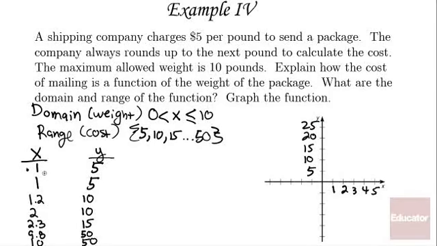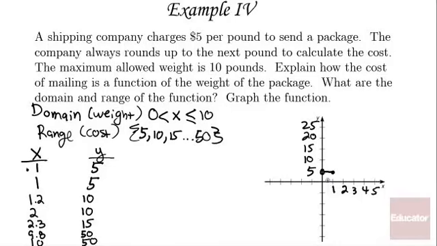If I have a package that is anything over 0, maxing out at 1 pound, it's going to be $5. So that's going to be an open circle at 0, ending with a closed circle at $5. So a little bit above 0, all the way up to 1 pound, that's going to be $5.